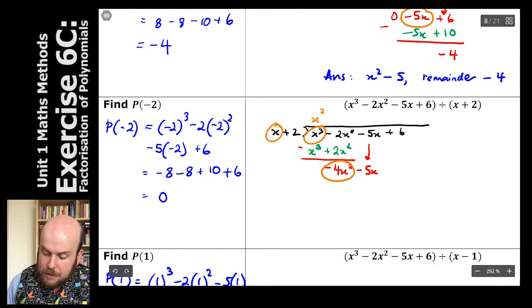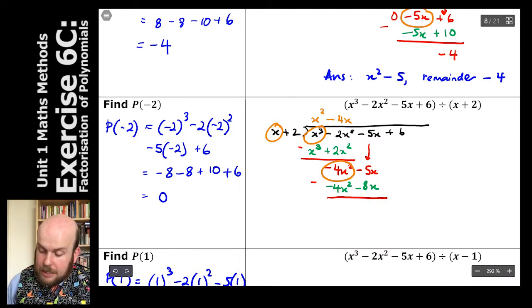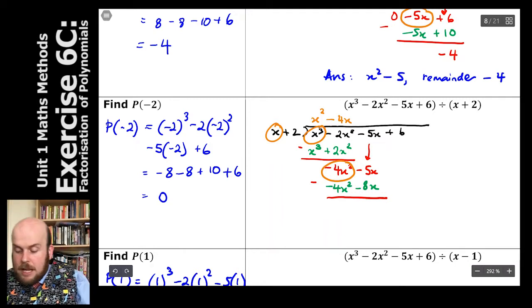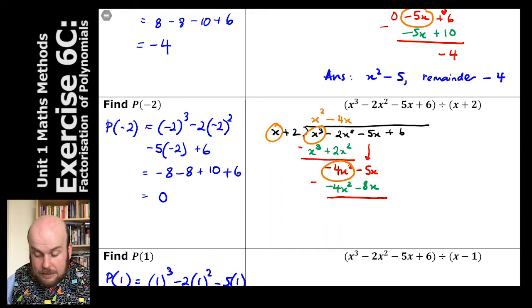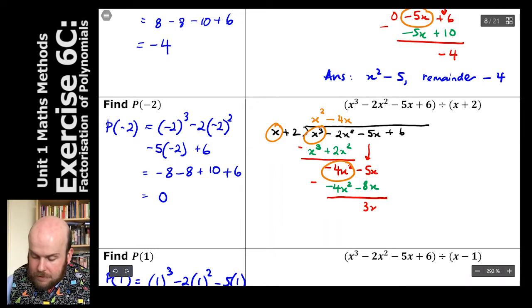Negative 4x squared divided by x is negative 4x. We multiply this, friend. Negative 4x times x gets us negative 4x squared. Negative 4x times 2 gets me negative, I was about to say negative 10. Silly me. Negative 4x times positive 2 is negative 8x. Negative 4x squared minus negative 4x squared is going to get us 0. Negative 5x minus negative 8x, so again a minus, is going to give us 3x.